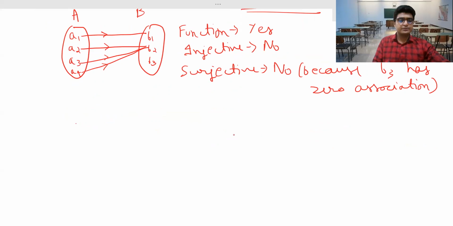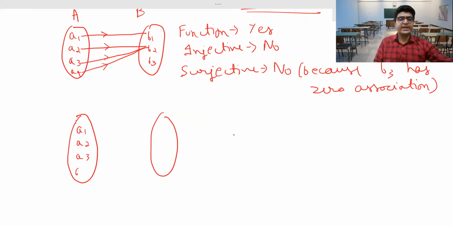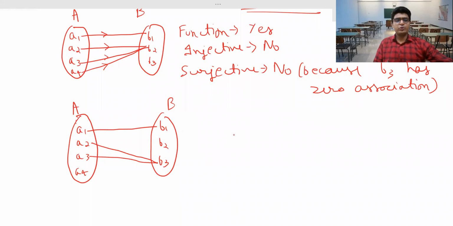Similarly, if we have A1, A2, A3 and A4 in set A, and we have B1, B2 and B3 in set B, A1 is associated to B1, A2 is associated to B3, A3 is mapped to B3, and A4 is mapped to B2.